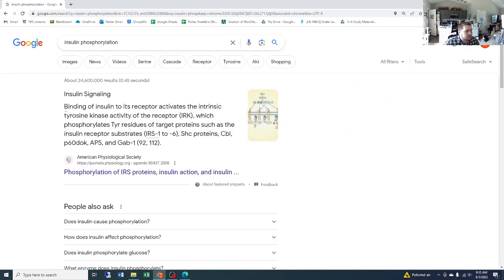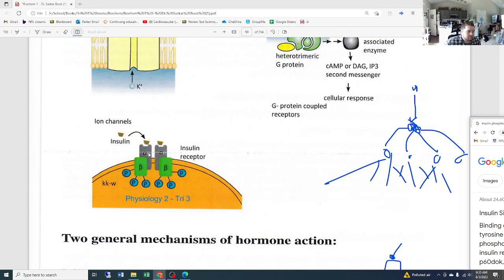So the insulin signaling, so binding of insulin to its receptor, activates the intrinsic tyrosine kinase activity of the receptor. Okay? So the insulin binds to this membrane-bound receptor. This is not a G protein coupled receptor, okay? It is not a G protein coupled receptor. Insulin is its own type of receptor. We call it the tyrosine kinase receptor most of the time.